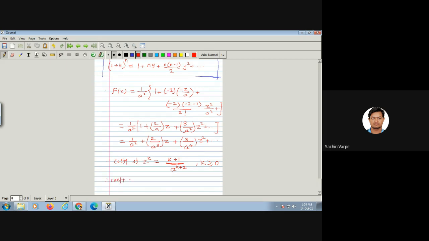Therefore, the coefficient of z raised to minus k is f of k, and that is equal to minus k plus 1 upon a raised to minus k plus 2, for minus k greater than or equal to 0, meaning for k less than or equal to 0. You can see the coefficient coming from here. For k equal to 0, it is 1 upon a square. For k equal to minus 1, minus of minus 1 will be 1, 1 plus 1, 2 upon a raised to 1 plus 2, that is a cube. So it is coming, right? So this is your required inverse z transform. Is the point clear? Yes, sir. Very good.